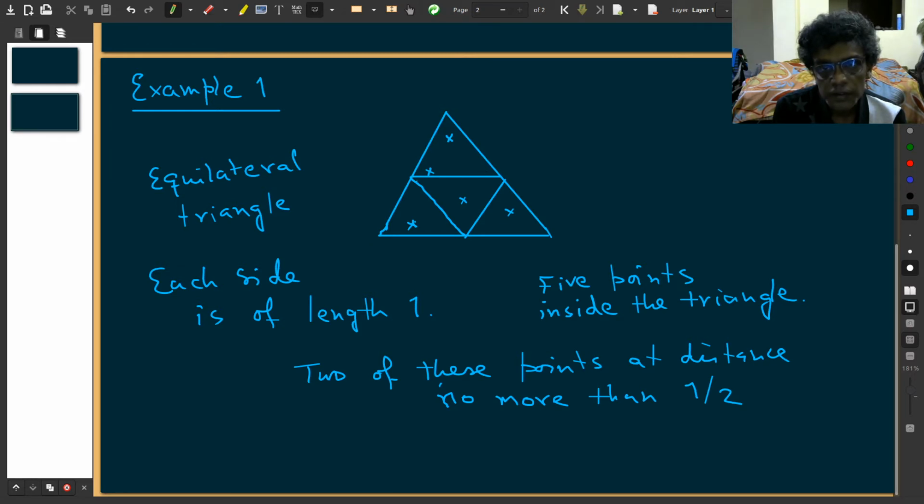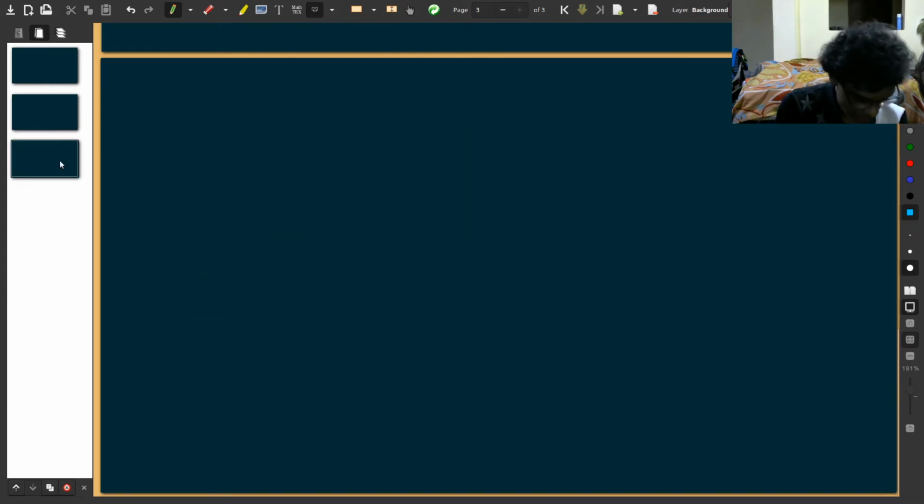Then you can easily see that these 2 points which go to the same smaller triangle must be at a distance less than or equal to half. Okay, so this is a simple example. Let us move on to another example.